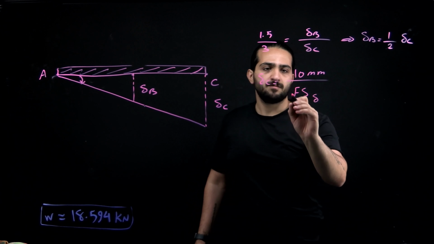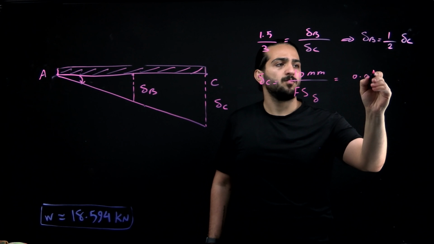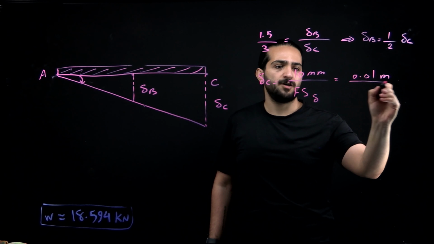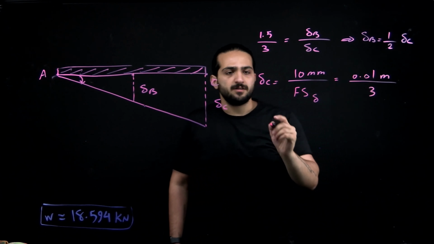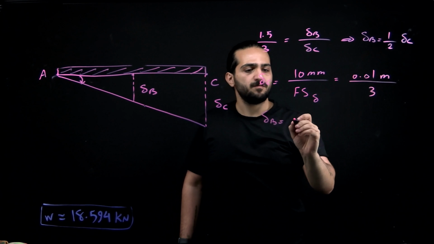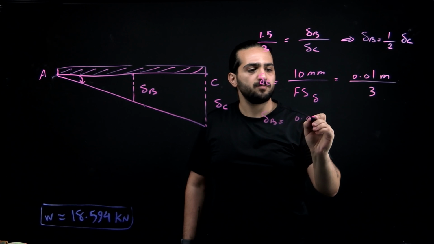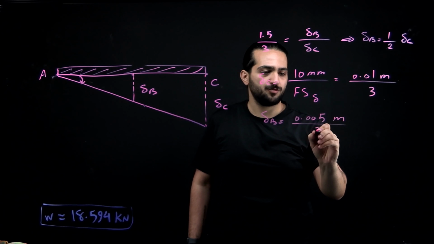This was 3, so it's 0.01 meter divided by 3. So delta B will be half of this value, which is 0.005 meters divided by 3.